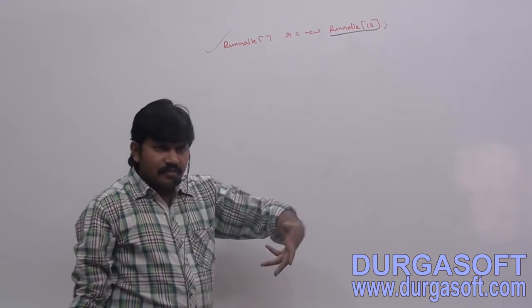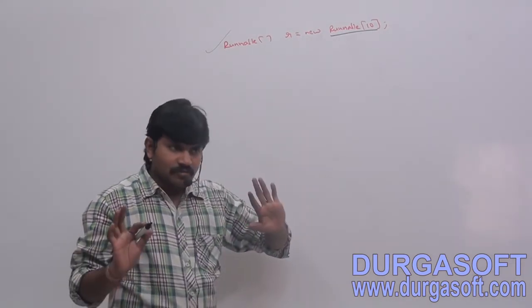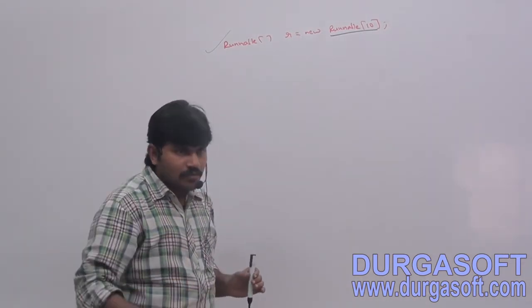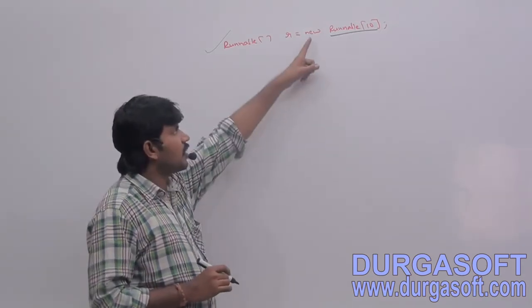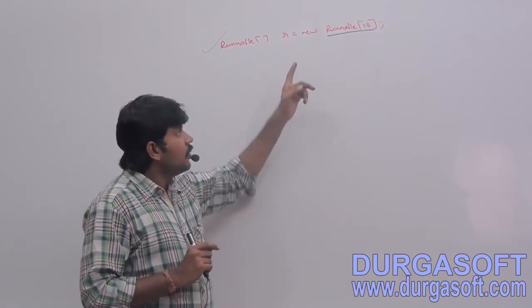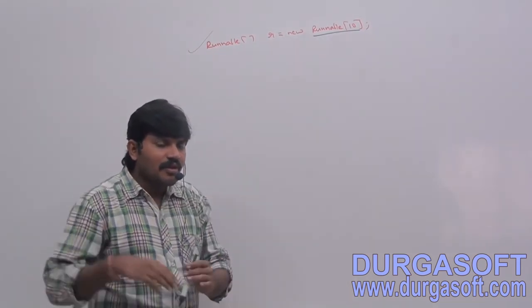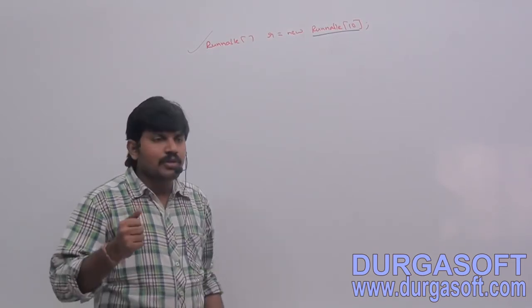Interface type array objects we can create, but interface objects you can't create, right? Next, you created a Runnable array, but to insert you need a Runnable object. But Runnable is an interface, so how can you create an object?